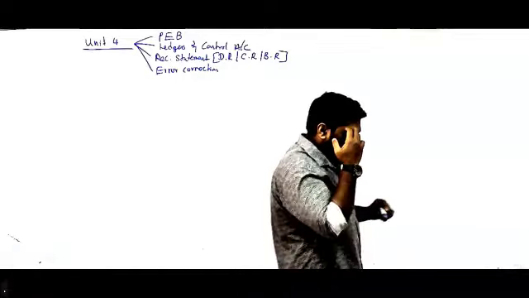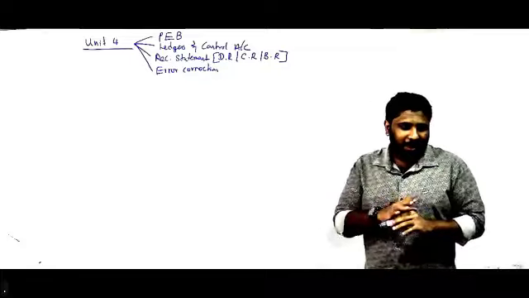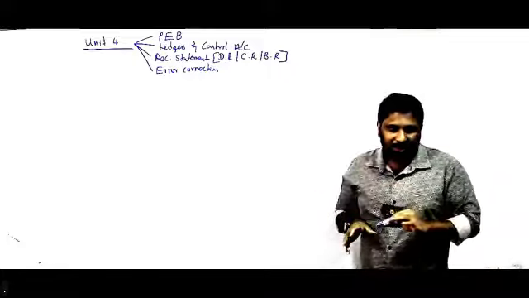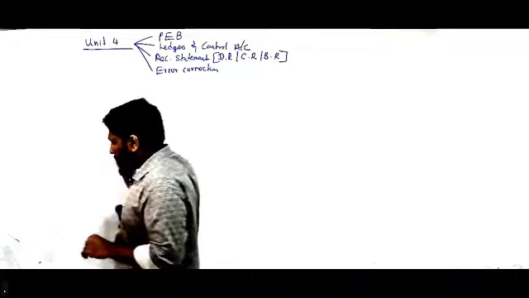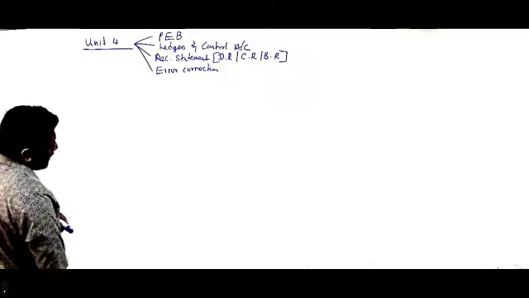As I told you at the beginning, for your school exam, you will not get the entire unit 4. Up to whatever areas they have completed in the school, you will get for your school exam. But here, I'm going to give you a quick recap of the entire unit.